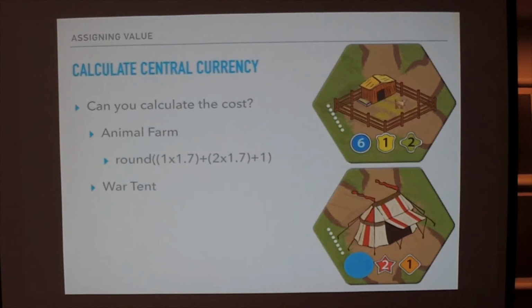What about the war tent? Am I breaking everybody's brains? Yeah, 7 is correct. So that's, again, the formula of how we got there. You can see it gets more complicated the more things you have going on, but the point is, it depends on your game how many things are happening and how you want to measure things and whether you measure them at all.